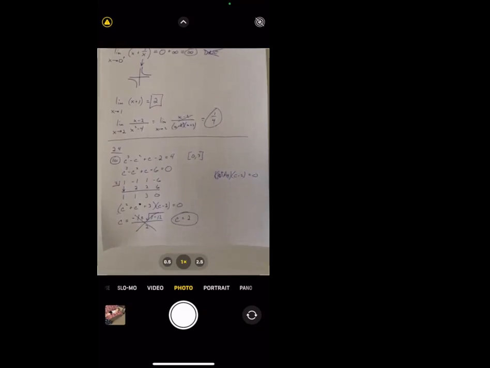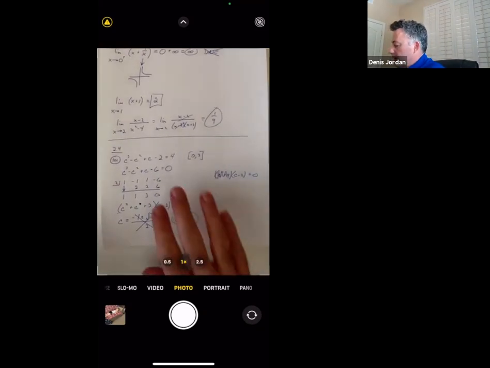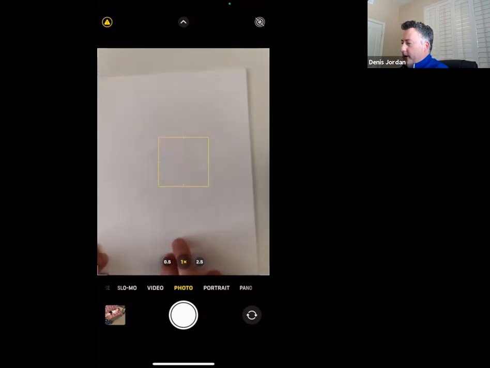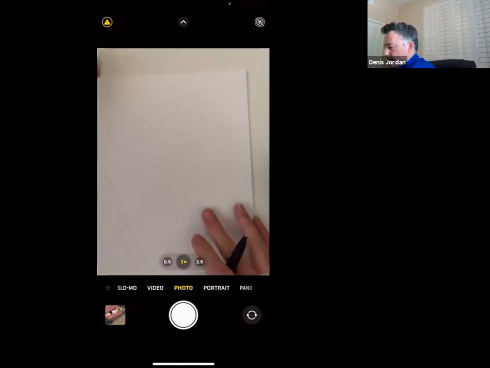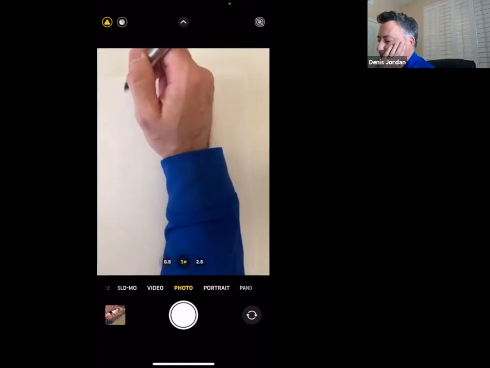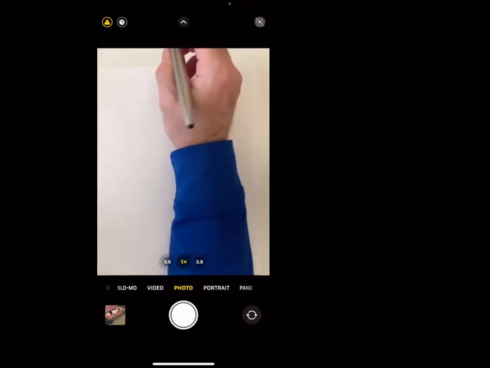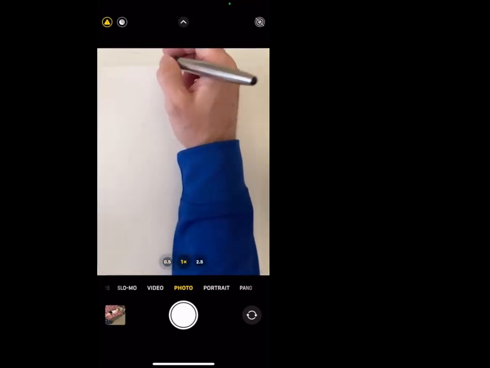Could you go over 3C from the quiz? From the first quiz? Yeah, 3C. Do you know what that was? Oh, I know what it was. It was the limit with the radical in it, wasn't it? Yeah. Do you remember what yours was? Yeah, I have it right here.